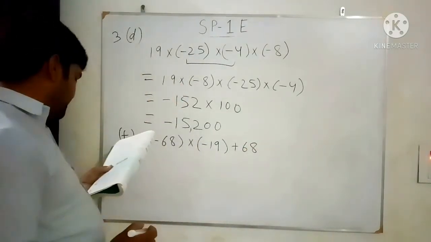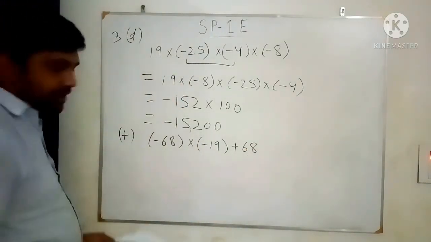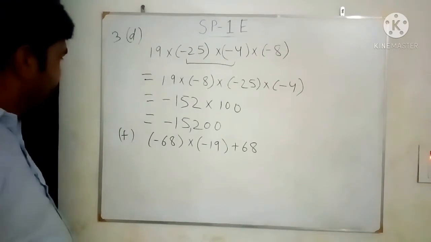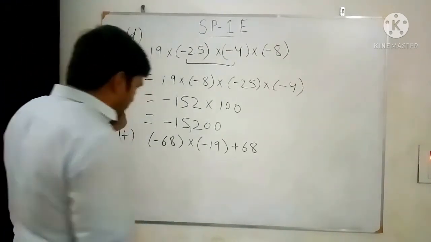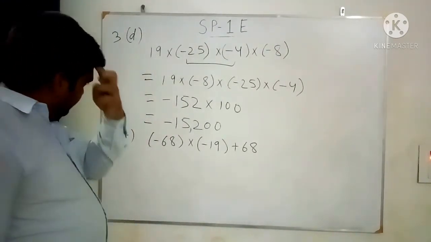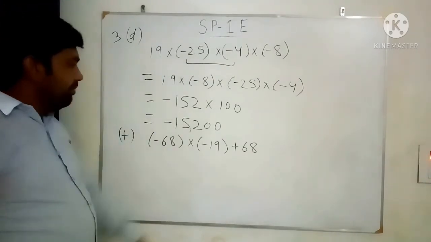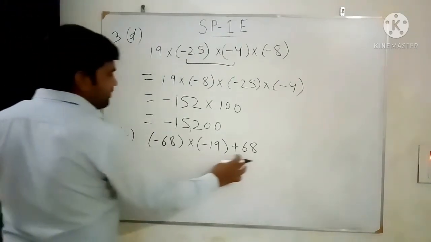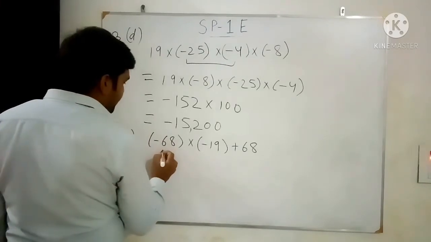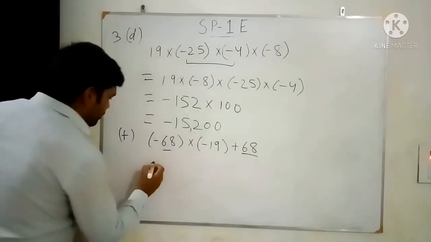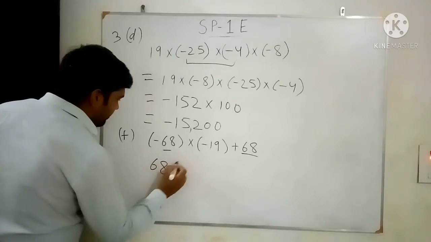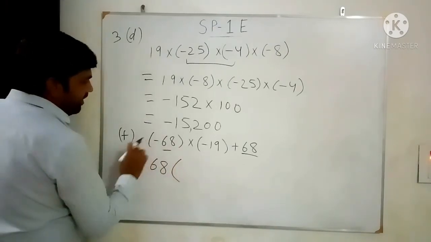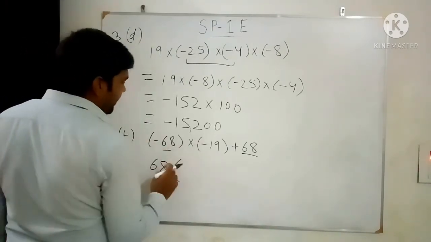See how we do it. In this also we apply the distributive property. Here 68 is present in both terms, so we take 68 common. When we take 68 common, that will be cancelled, and a minus will be left. So minus 1 multiply minus 19.